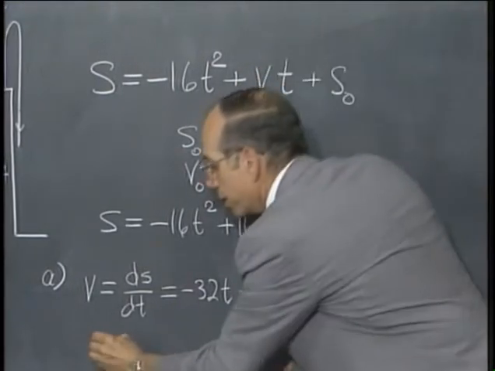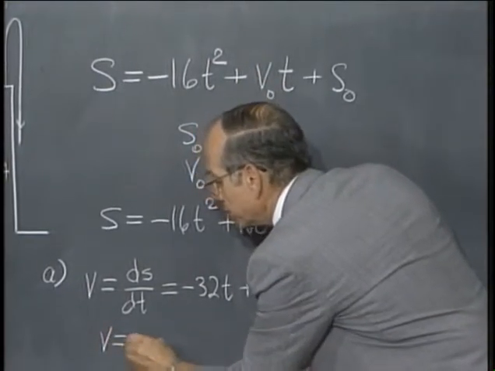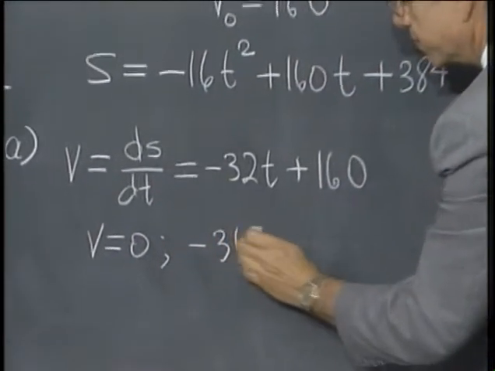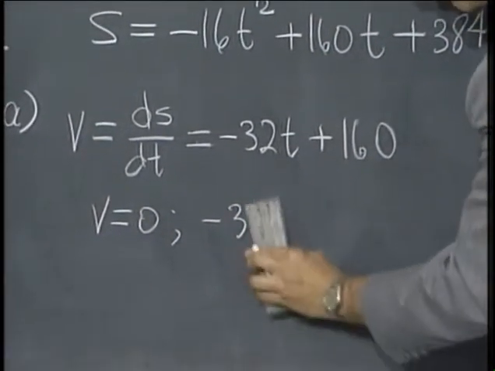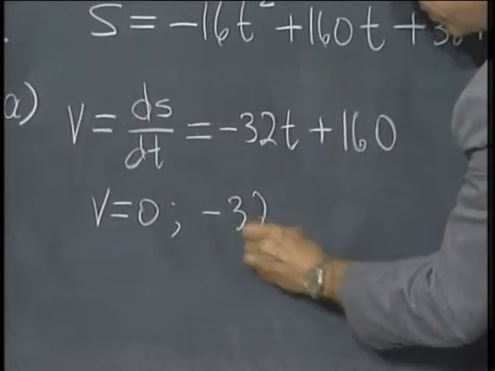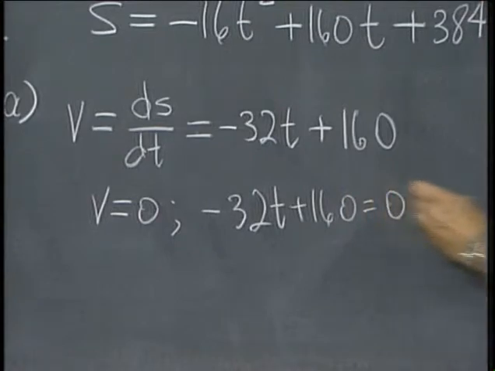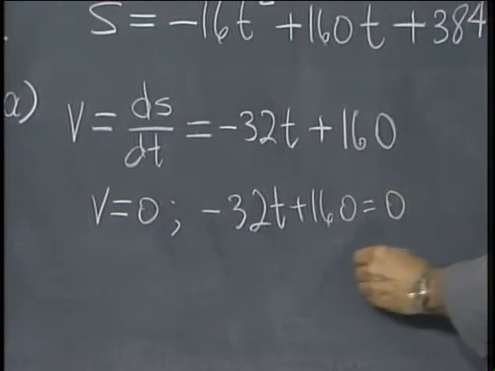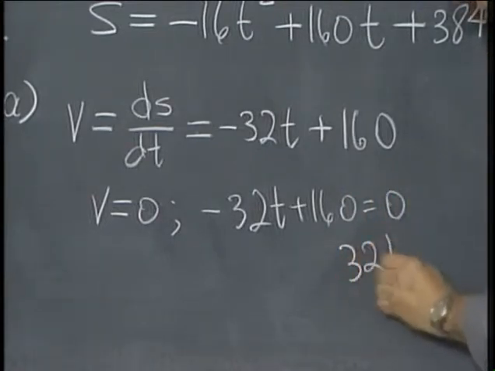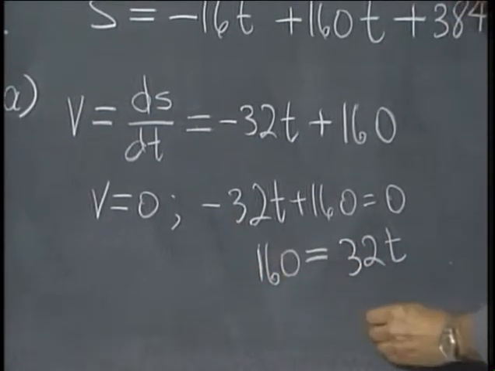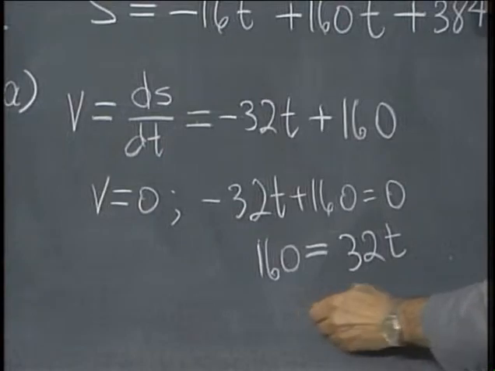Well, let's see. If we put the velocity equal to 0, we get minus 32t plus 160 is equal to 0. Solving for t, that's 32t is equal to 160, and dividing by 32, we get t is equal to 5.